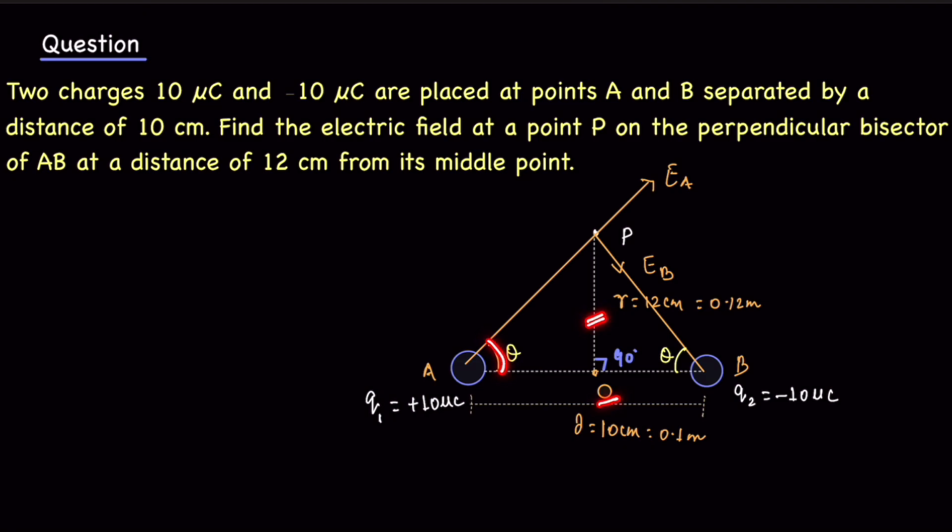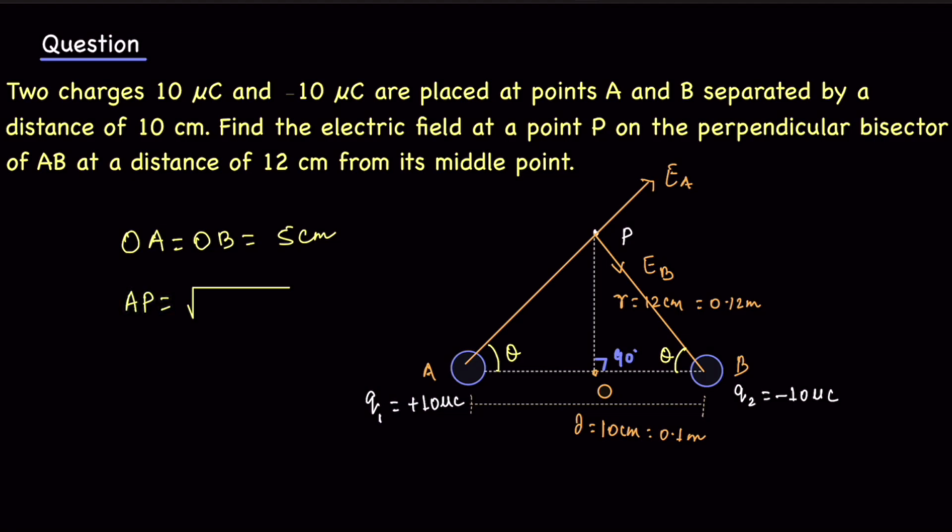Since O is the middle point, the value of OA is equal to OB, and it's equal to 5 centimeter. So if we have to find the value of AP, we can use Pythagoras theorem.